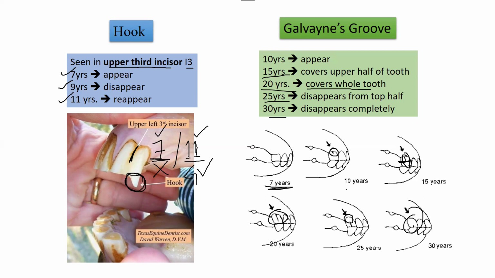But at 10 years, or you can say at 11 years, hook will be present, as well as the Galvayne's groove, because Galvayne's groove starts to appear at 10 years of age. So 11 years of age, but it will be a bit more extended, and at 11 years you will see a hook over here. So you can simply tell that the horse is 11 years old. So you can see how important these two are, and they are very simple in estimating the age. They are very good parameters.